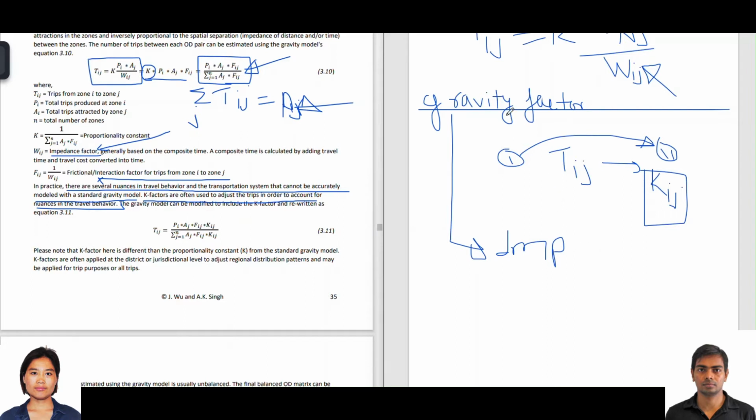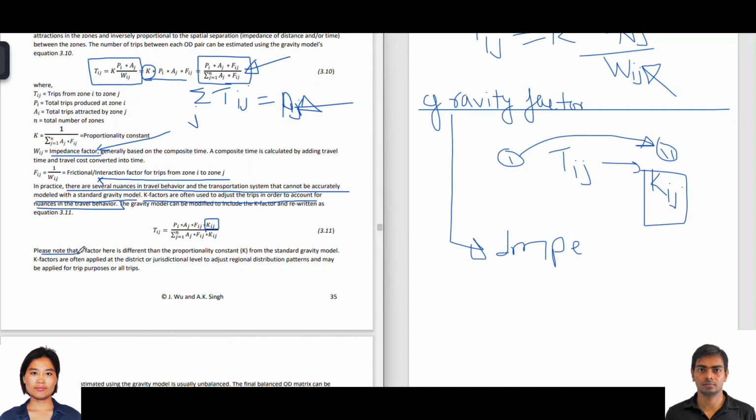The gravity model is completely based on the impedance factor and production-attraction proportionality. However, not everything is captured within the gravity model. To calibrate the uncaptured or unknown variables, we use this calibration factor called Kij.